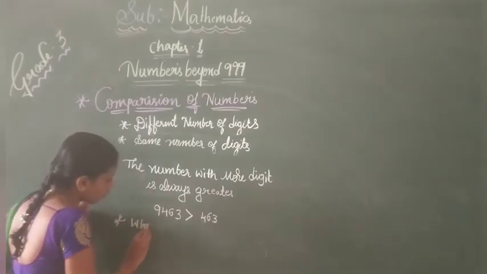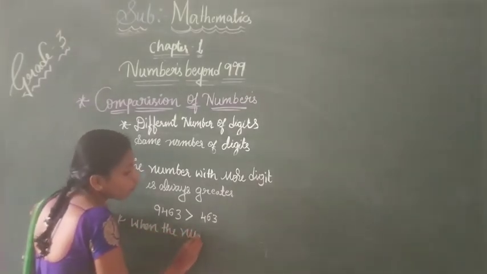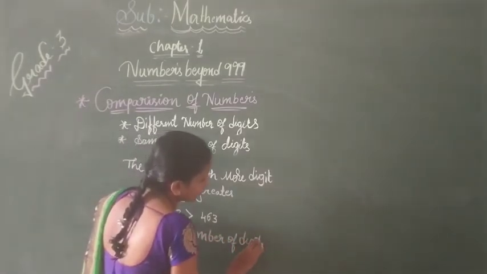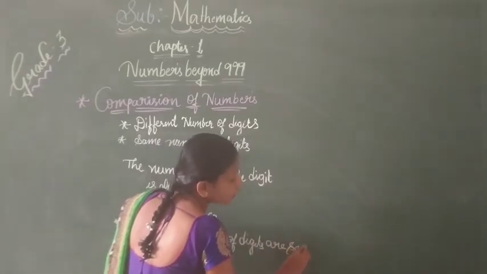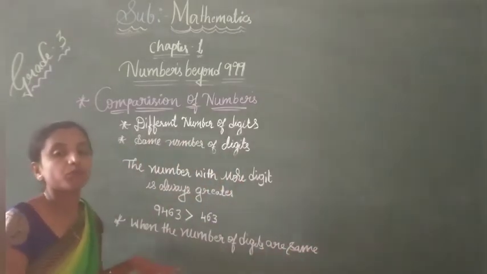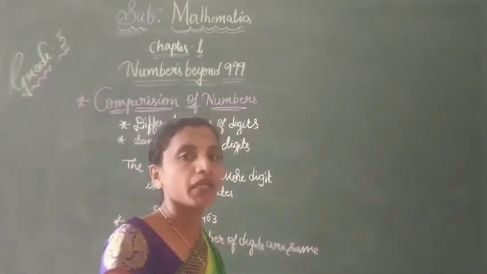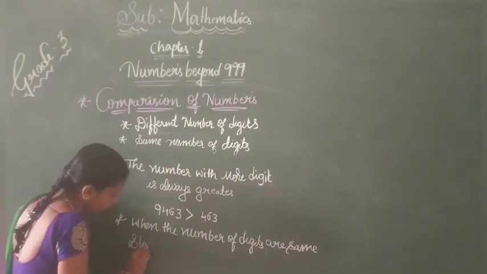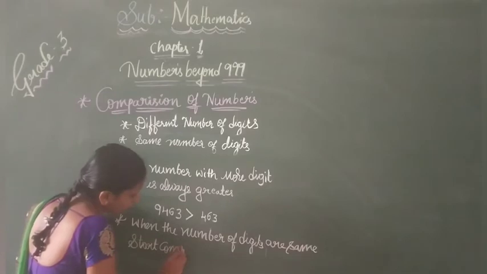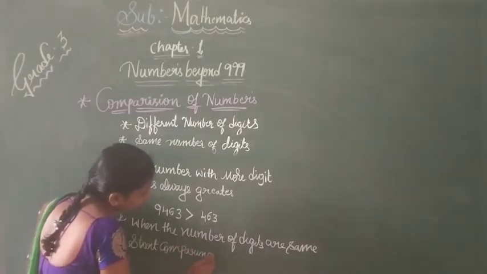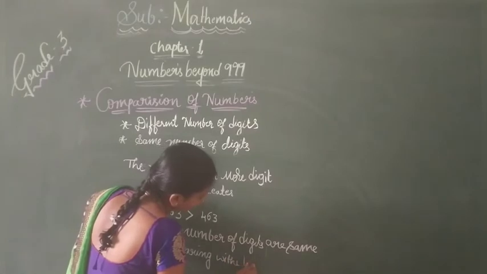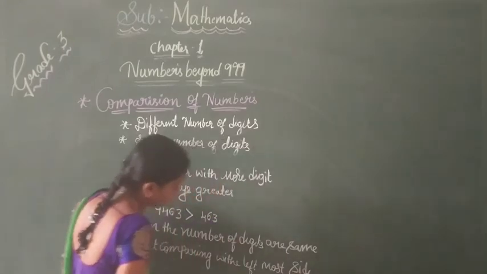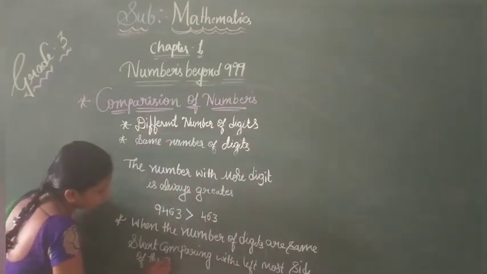When the number of digits is the same, you start comparing from the leftmost side of the given number.